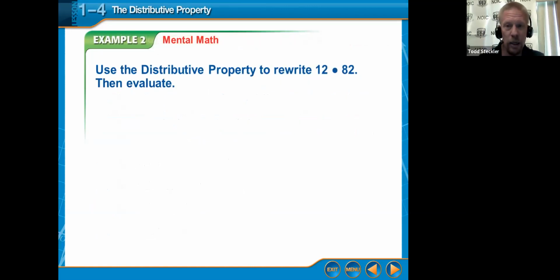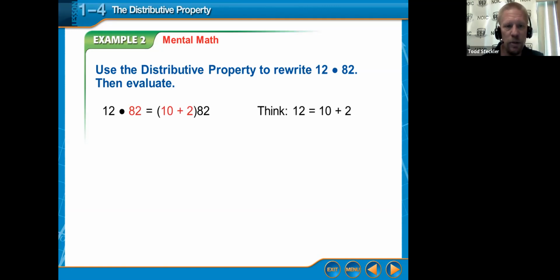Let's take a look at another way to write 12 times 82. We could certainly do that longhand through multiplication. We probably did that back in elementary school, but it's easy to mess that up unless we have a calculator. So we could rewrite this as 12 being 10 plus 2 times 82.